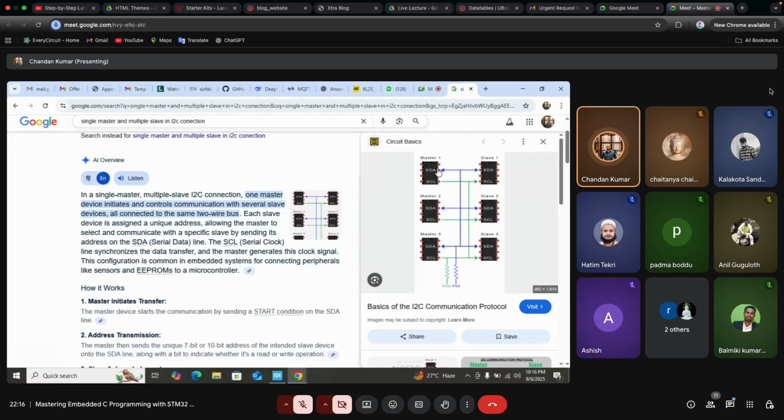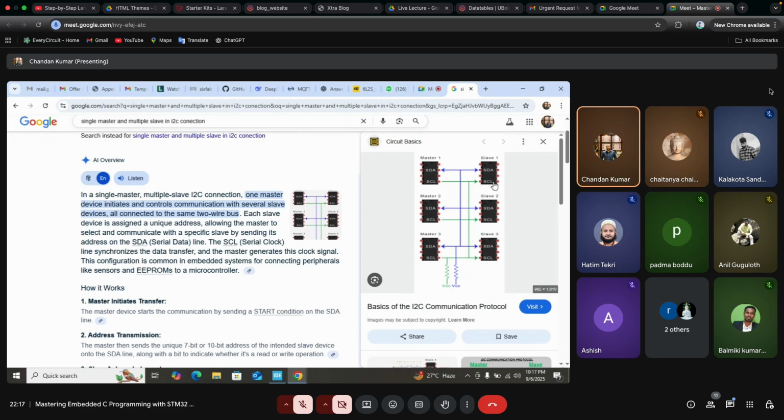If this master wants to communicate with slave 1, then this pin will get down, so its pulse will get down and communicate with slave 1. You mean clock signal? Yes, its clock signal will get down and communicate with clock pin of slave 1.